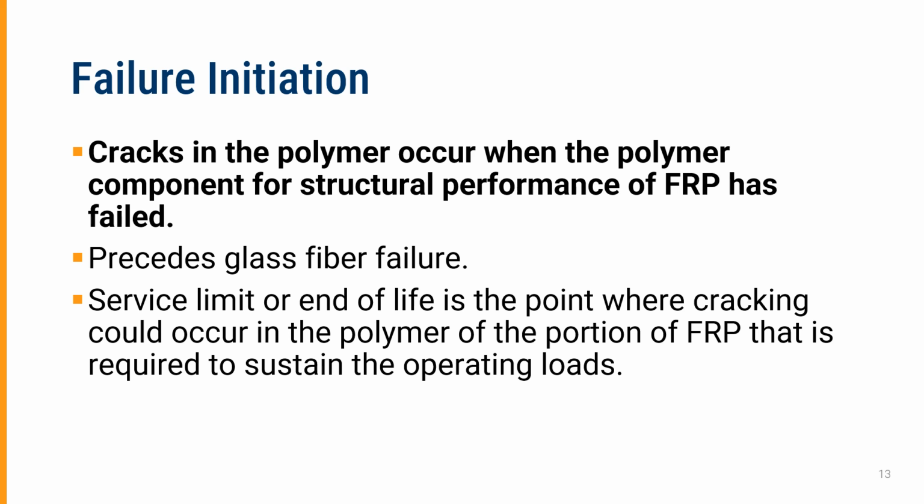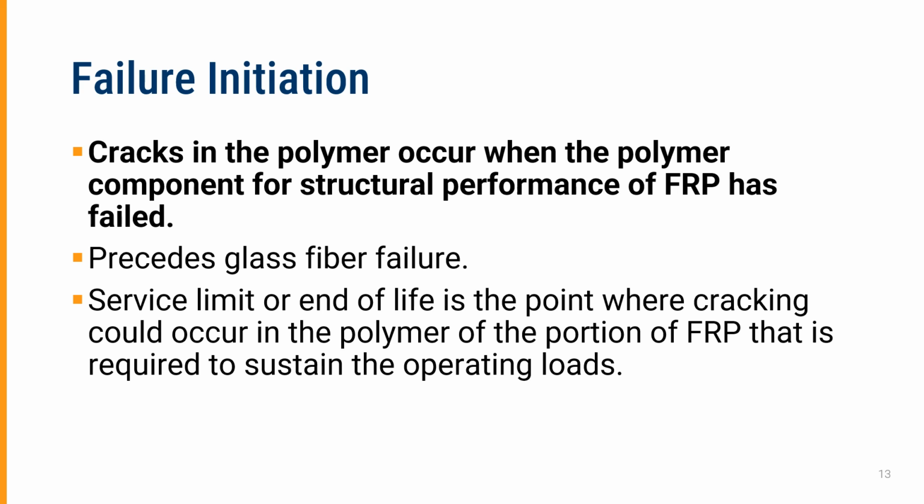And that's nominally because glass fibers, believe it or not, have a higher failure strain than most thermoset polymers. There are a few thermoset polymers available today commercially that have fairly high strain at failure values, and therefore they're likely to not crack when the glass that they contain fails.